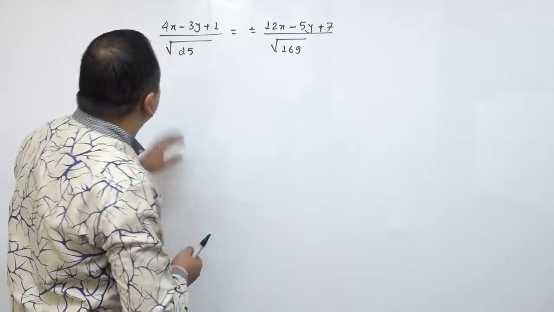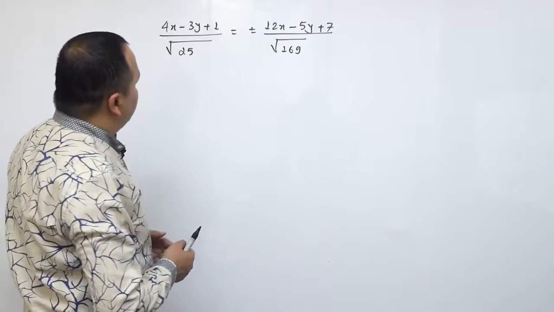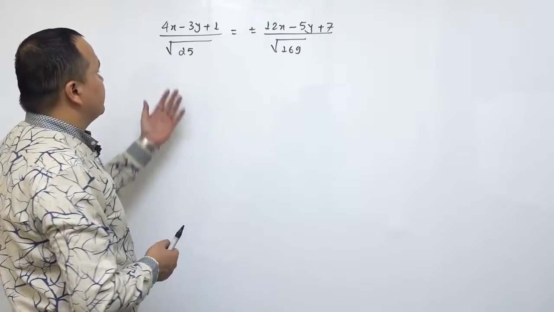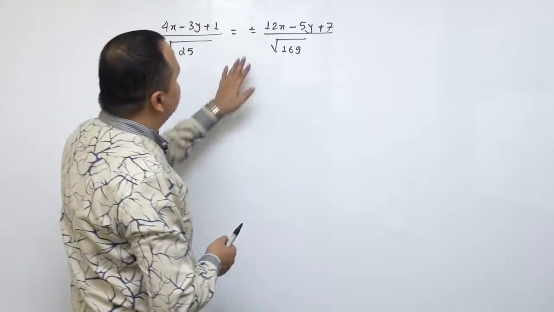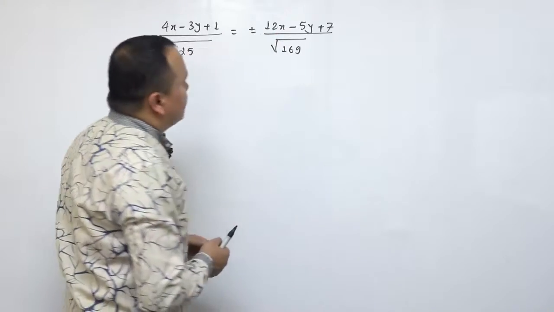Now continue. (4x - 3y + 1)/√25 = ±(12x - 5y + 7)/√169.